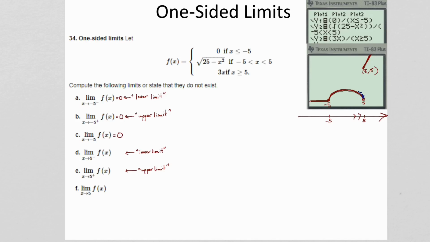So if we take a value of x that's sufficiently close to positive 5 but strictly smaller, say like 4.999, and look at the image of that point under f of x, we would be at this part of the function, and 25 minus 4.999 squared is going to be a value that's really close to 0 but strictly positive, and when we take the square root of that, we'll get a value that's strictly positive but very, very close to 0. So this lower limit is equal to 0.